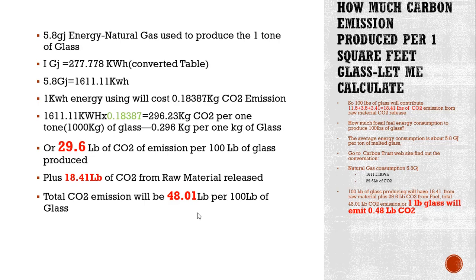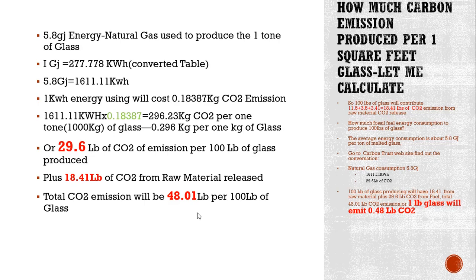But at the same time, you need to melt the raw materials to decompose them, which needs 5.8 gigajoules of net energy consumption. So assuming natural gas is used, for 1 ton of glass you need 5.8 gigajoules of natural gas.